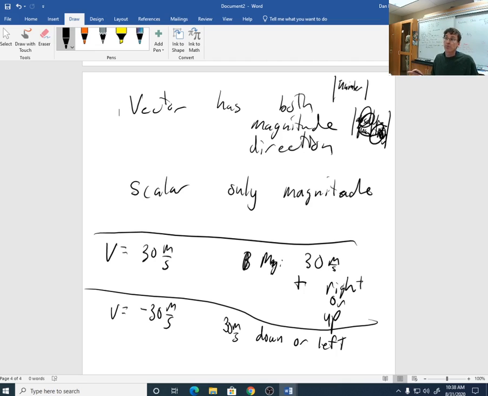Now, outside of one dimension, we need a better system, but we're not there yet. That's next unit. So motion in 2 dimensions, you'll use different notation for direction. But for us, unit 1, with one-dimensional motion, we will use positive to the right, negative to the left, positive up, negative down. And that's how we can denote that.